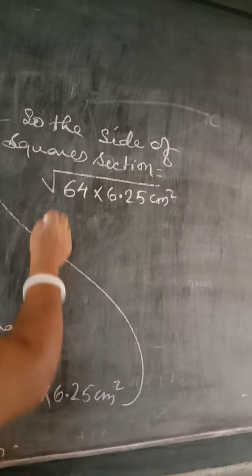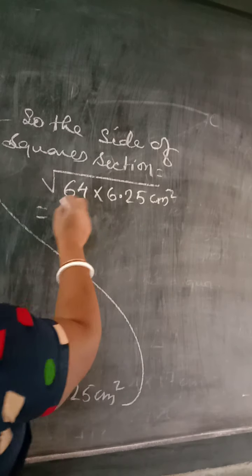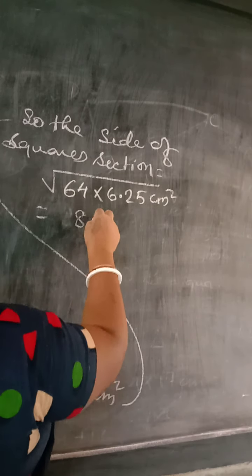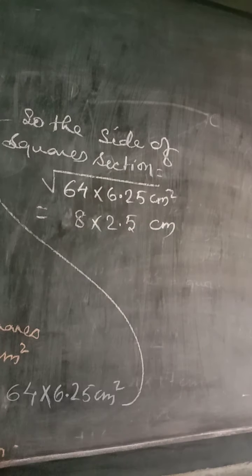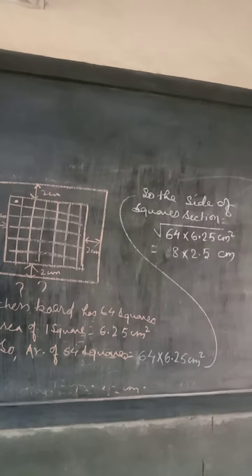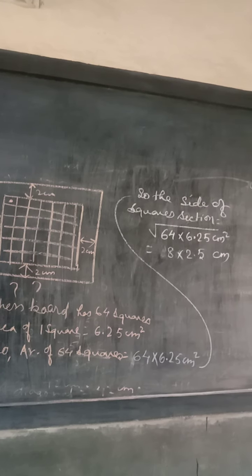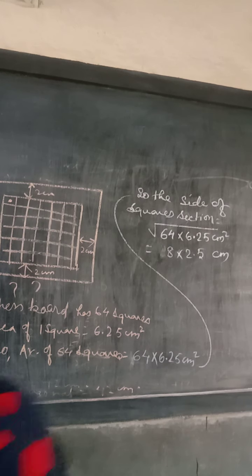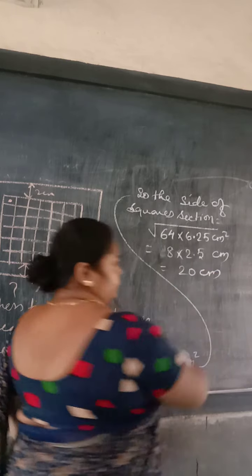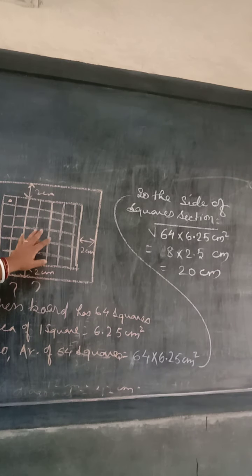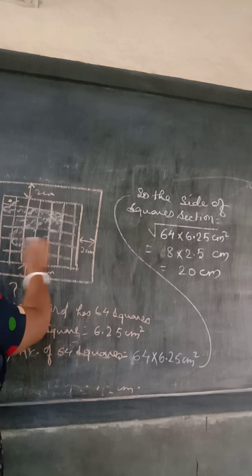Now we can get the side. I have not multiplied, you can see why, because I can write it immediately. It will be 8 into 2.5 centimeter. That is the side of only the section where the squares are drawn. This gives you 20 centimeter. Is the side of this covered portion only.